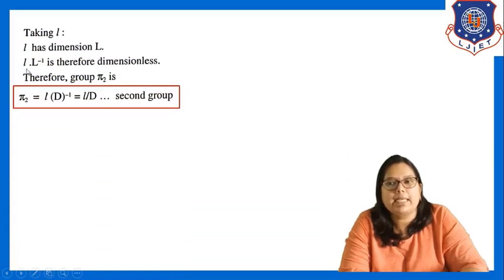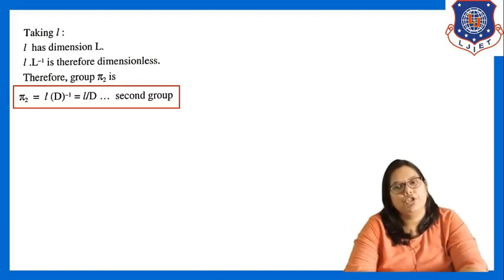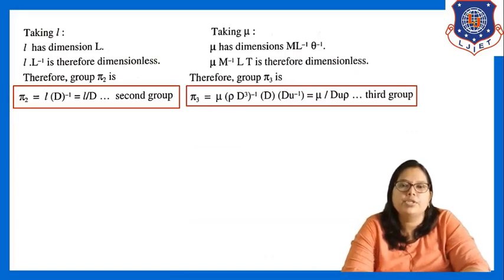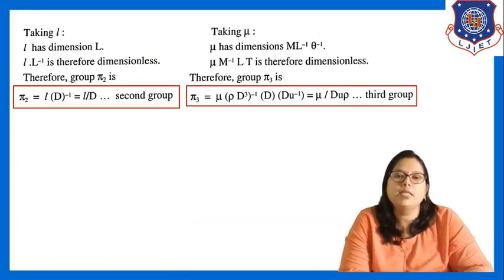Taking L as the dimension, small l is the variable and capital L is my dimension. So L minus 1, putting here pi 2, L D raised to minus 1. So L by D is my second dimensionless group. And similarly, mu has dimension M1 L minus 1 theta minus 1.